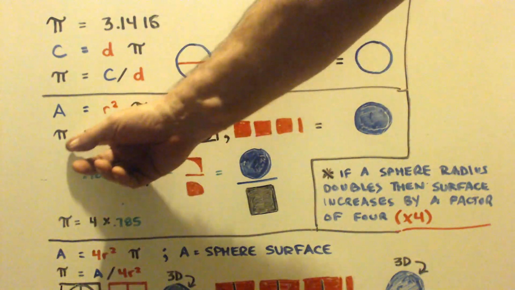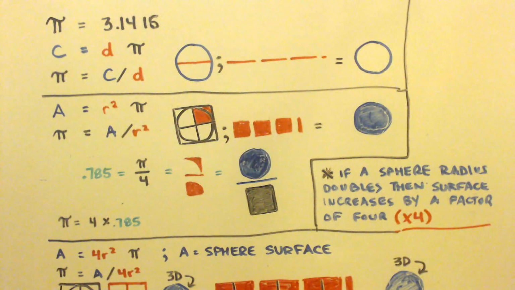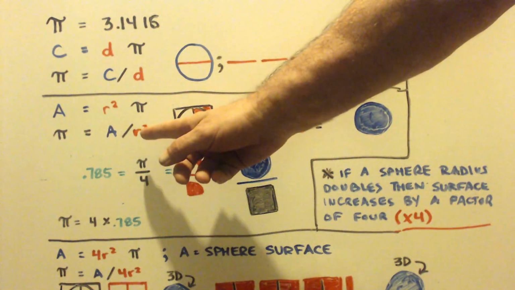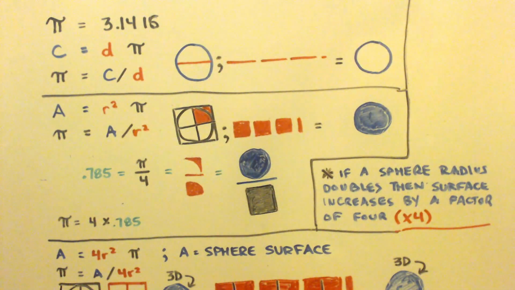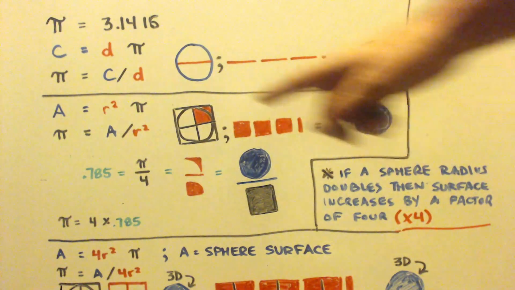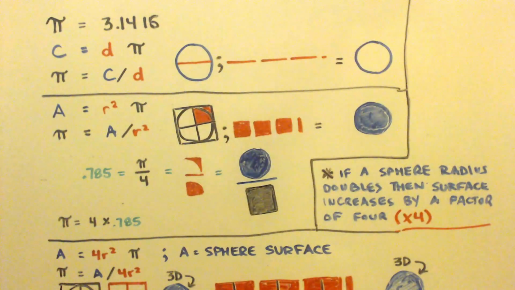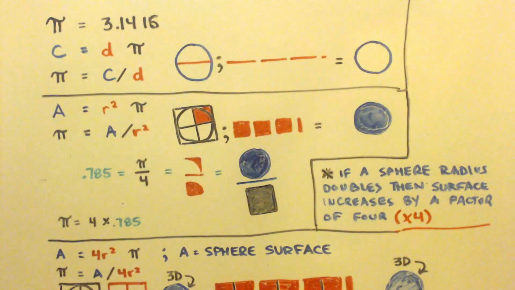Same way down here. Pi is a ratio of the area of the circle compared to the area of this square. Where did this square come from? Well, you take any circle and you draw a square around it so that you're touching the square at these four points.